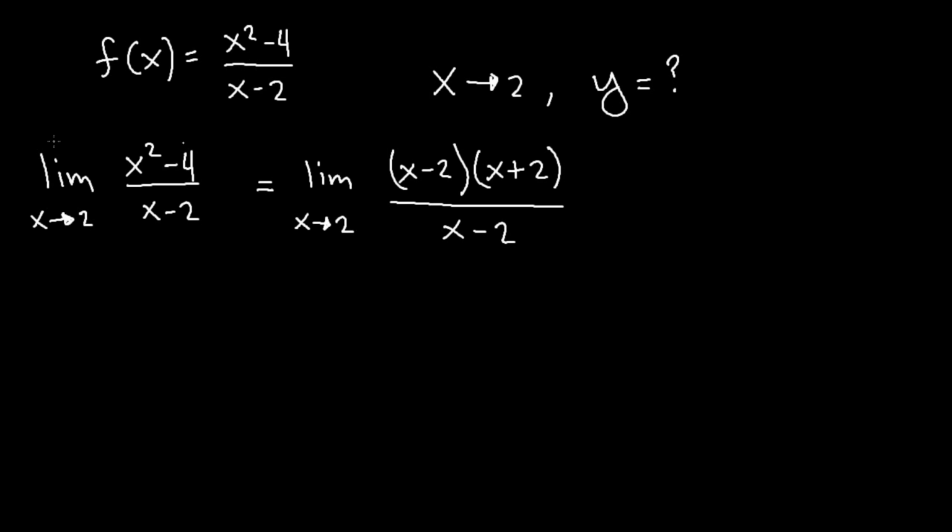So take note, while you haven't evaluated the limit yet, you need to keep writing the whole expression or the limit notation as long as you haven't substituted the value of x. So as you observe, x minus 2 over x minus 2 cancels, meaning this is equal to 1, so it disappears.